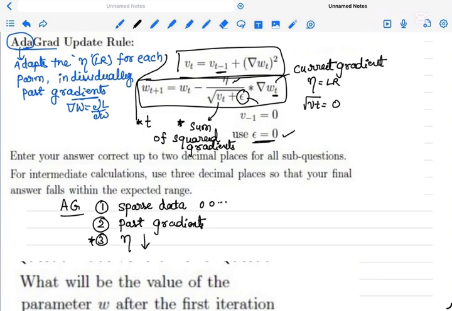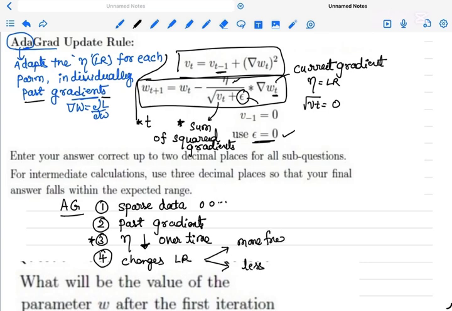The learning rate eta decreases over time. Adapting the learning rate means it changes the learning rate for each parameter individually by using the past gradients. There are two types of parameters: more frequently updated and less frequently updated parameters.